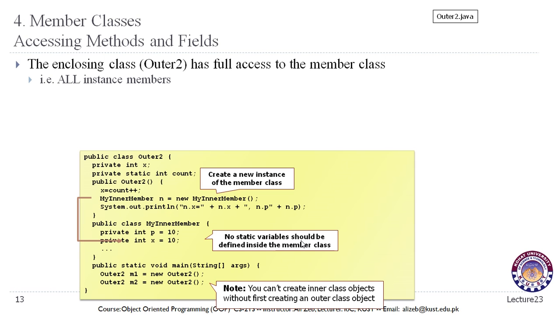Note that you cannot create inner class objects without first creating an outer class object, and this is where it is different from static nested classes, where we were able to create objects of our inner classes without an object of our outer class.